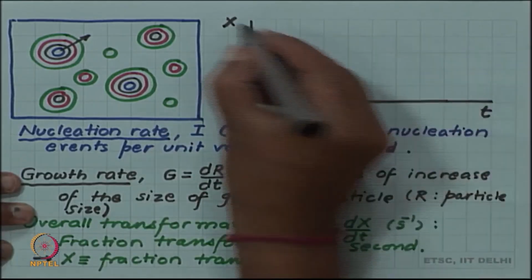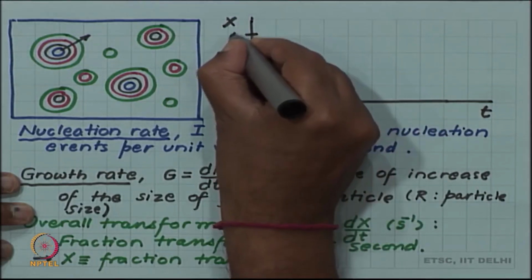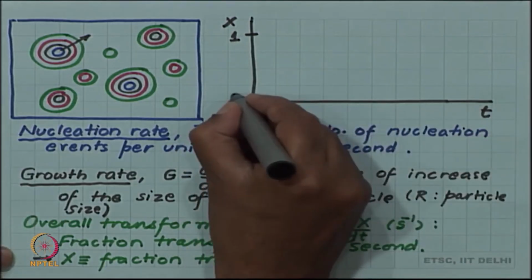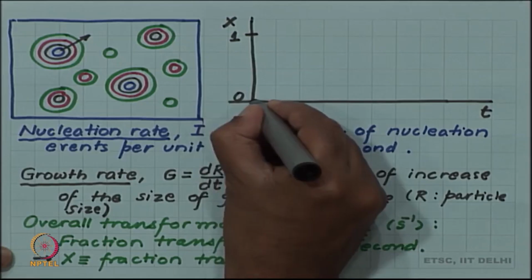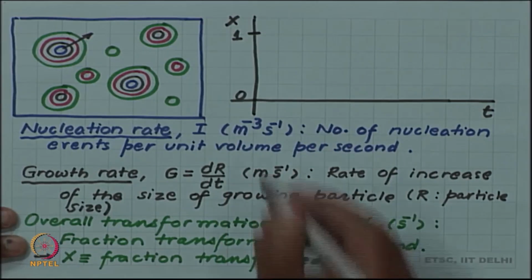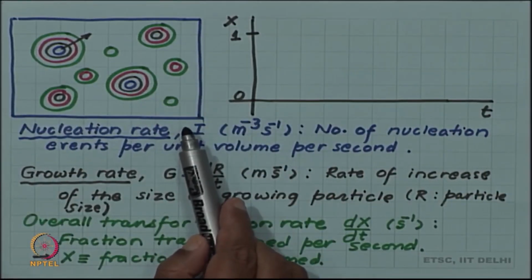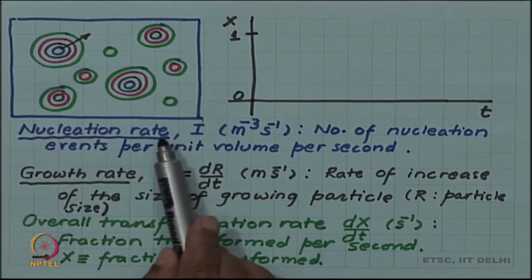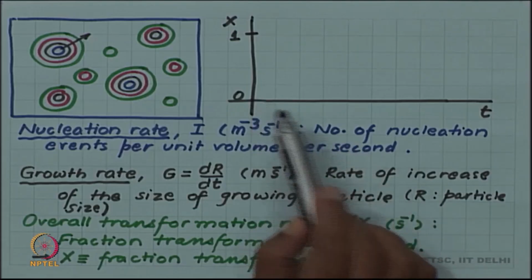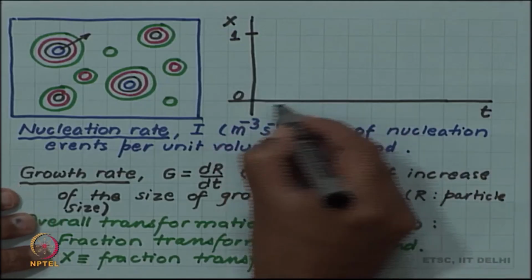So, as you can see, the fraction transformed can take a maximum value of 1, which means transformation is complete, 100% transformation has happened, and the minimum value will be 0 at the beginning. So, initially, since nucleation has to happen and initially there are no nuclei, so there will be a 0 overall transformation rate, and 0 transformation has happened.